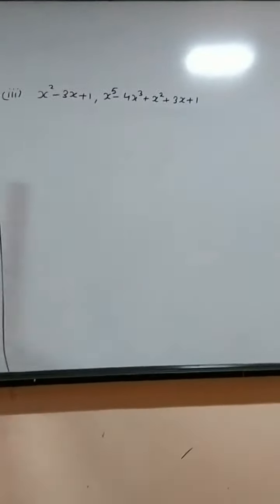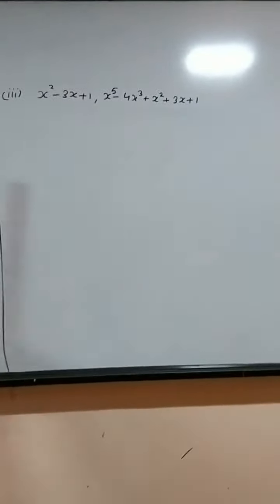So first p(1/2) = 2 into (1/2) cube plus (1/2) square, minus 5 into 1/2 plus 2. That is 2 into 1/8, because 2 cube is 8, plus 1/4 minus 5/2 plus 2.